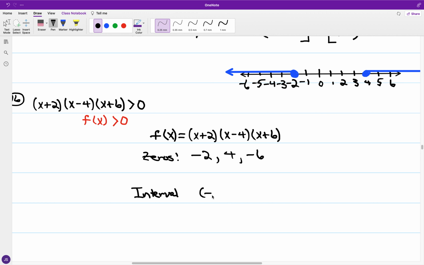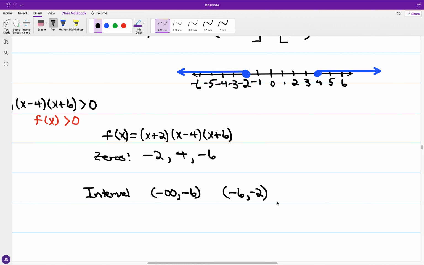So at the lowest end, we have values of x less than -6. Then values of x between -6 and -2. Then values of x between -2 and 4. Then values of x greater than 4.